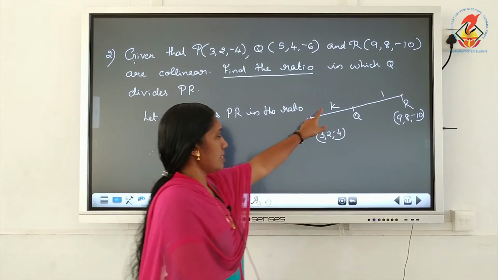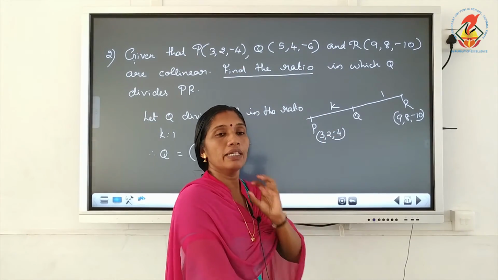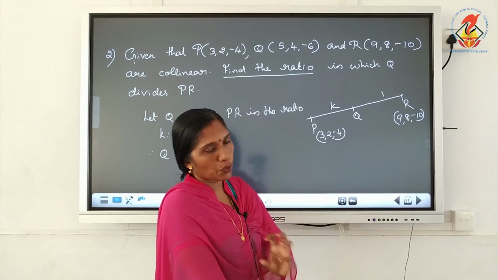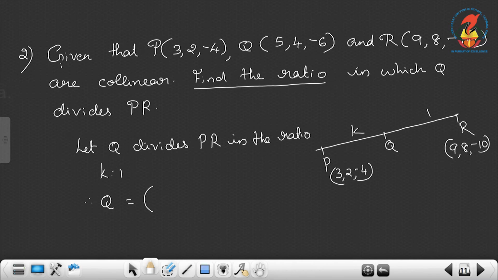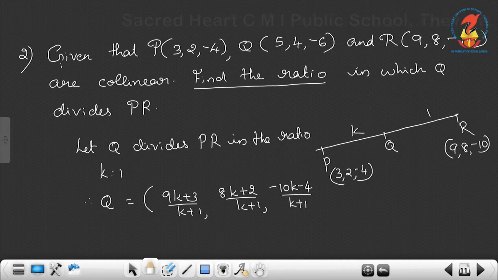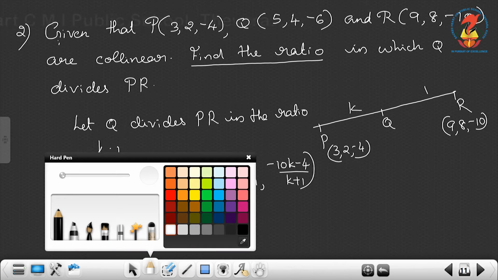So using this, that is Q divides PR in the ratio k is to 1, we get coordinates of Q in terms of k. Then you have to equate that with the given coordinates. So coordinates of Q is (9k plus 3) by (k plus 1), then (8k plus 2) by (k plus 1), and (minus 10k minus 4) by (k plus 1). Okay. Now we equate this Q to the given point.